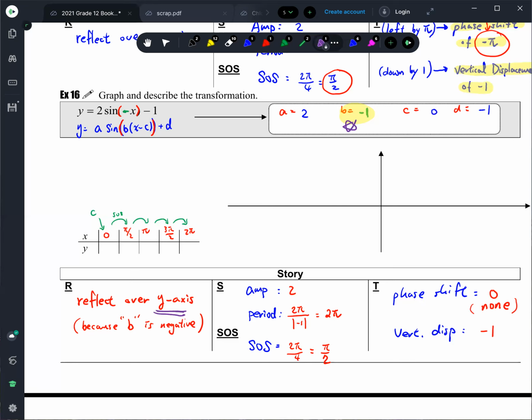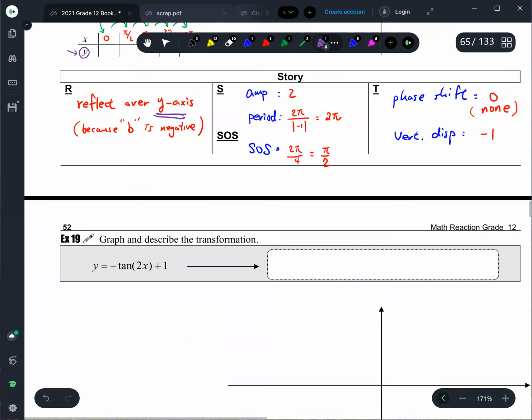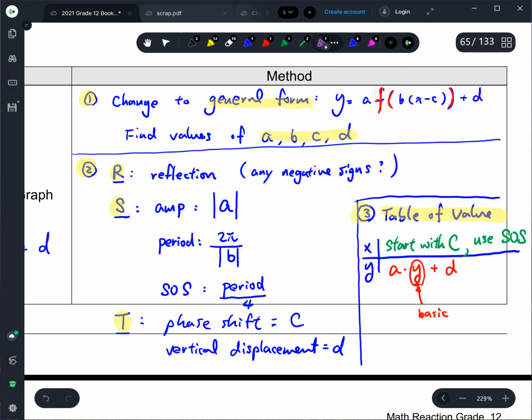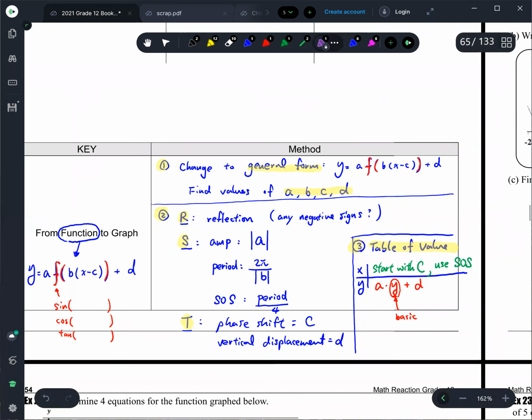By y, not x. Oh, we're doing the y values. Did you write it down, Caleb? Yeah, I did. The y value is times the y by a and then plus d. Oh, I wrote down x, my bad.